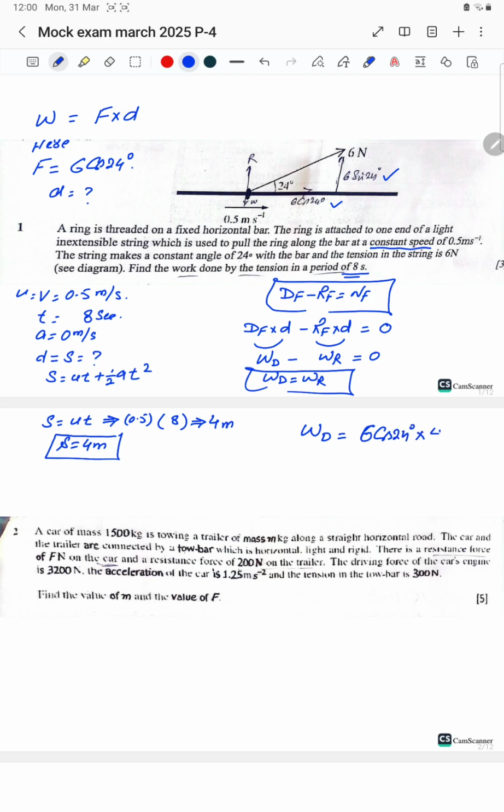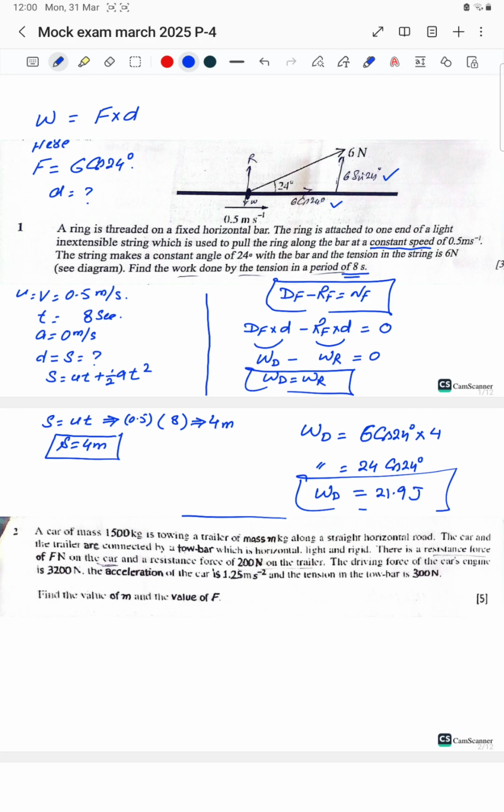We have calculated d as 4, so we can use a calculator to get this. Put the calculator in degree mode and calculate 6 times cos of 24 times 4. The work done by driven force comes to be 21.9 joule. I hope it's clear because it's a very easy question. We just need to find d to find the work done.